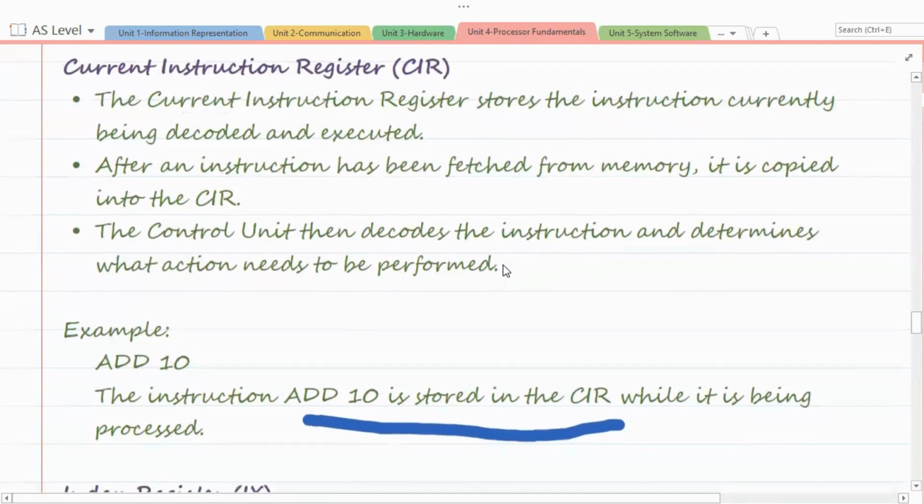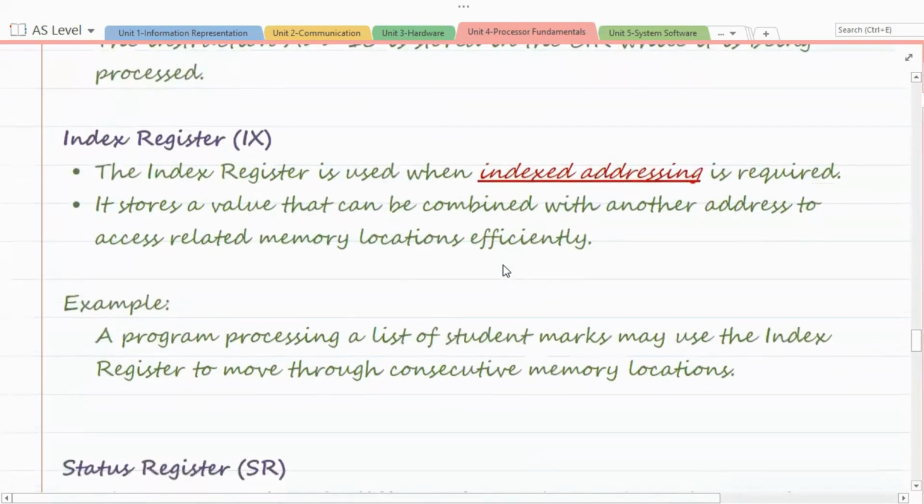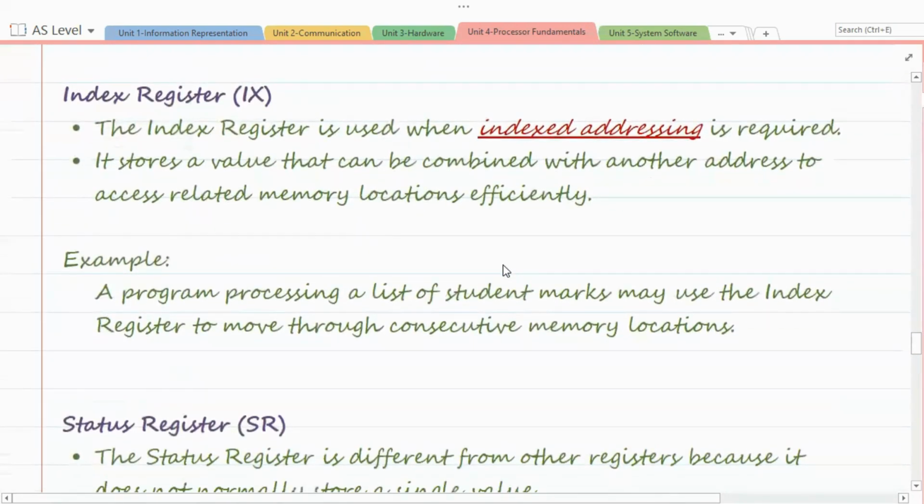All right. Next, we have index register. Now, index register is used when indexed addressing is required. We will cover indexed addressing and other addressing modes in detail in my upcoming videos. As of now, just remember that index register is always used when indexed addressing is required.